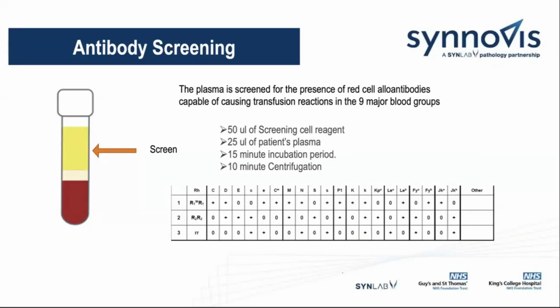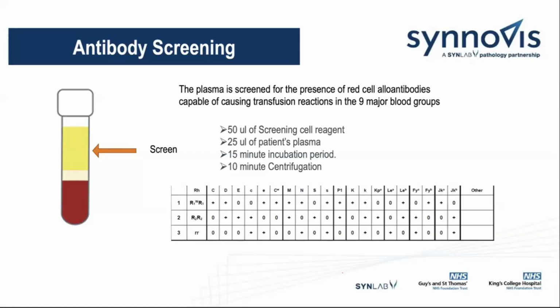To perform our antibody screening, we use the reagent red cells and the patient plasma, and this is incubated at 37 degrees, which is our body temperature, and then the cards are centrifuged. The antibody screening is used on a panel of red cells that contain examples of the clinically important blood groups most often seen in practice, and it's normally 3 cells.